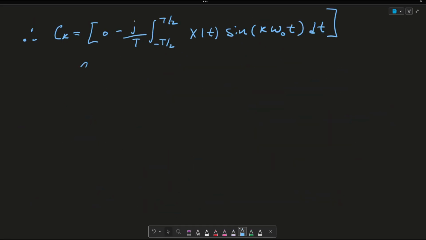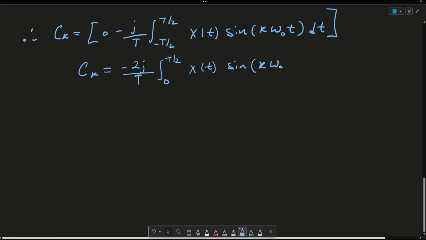So then we can say then ck is equated to this minus 2j over T if I take the half period from 0 to T over 2 of x of t sine k omega naught t dt, where x of t is real from the original question, sine is real.